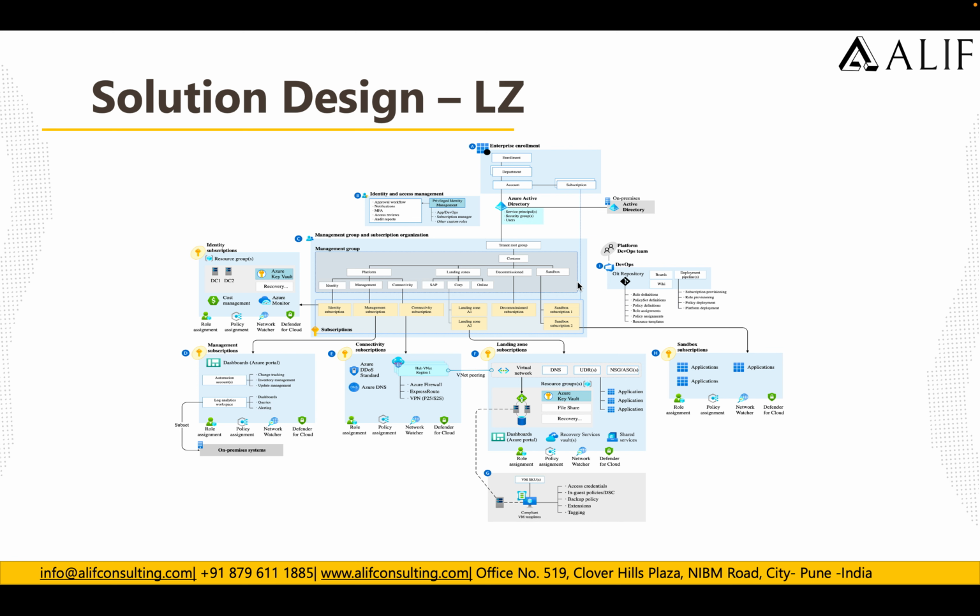And then they had a separate resource group with all the dashboards, right? All the monitoring, policies, Network Watcher, and Defender for Cloud was enabled for the customer, and that's where all the Log Analytics workspace dashboards were stored. So that's how their whole landing zone was designed.